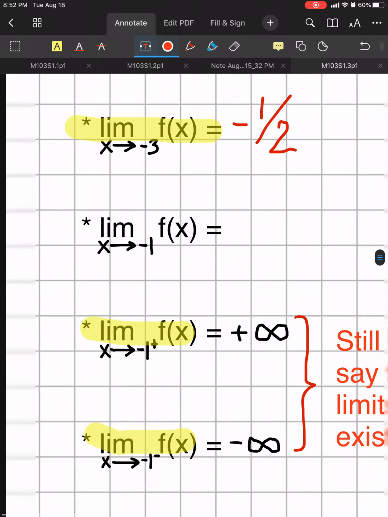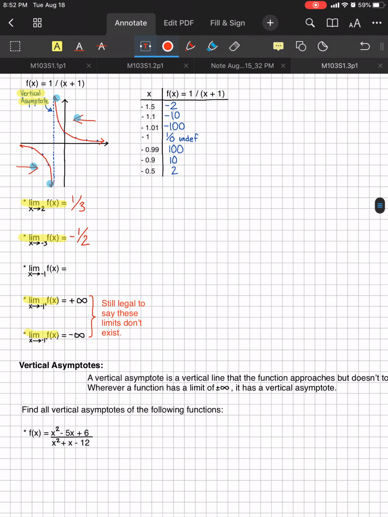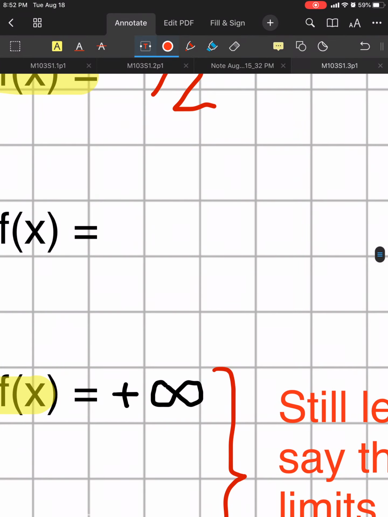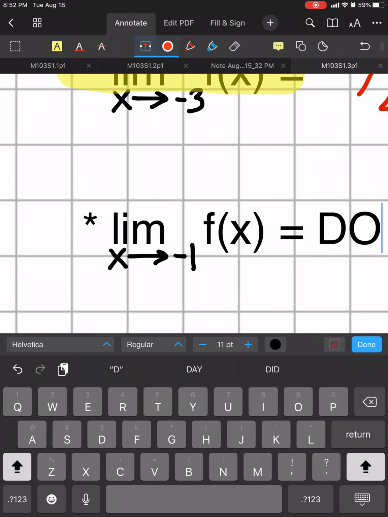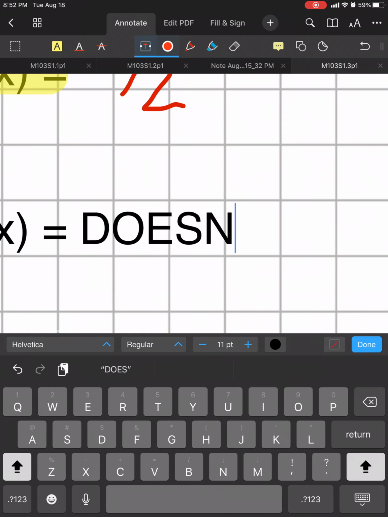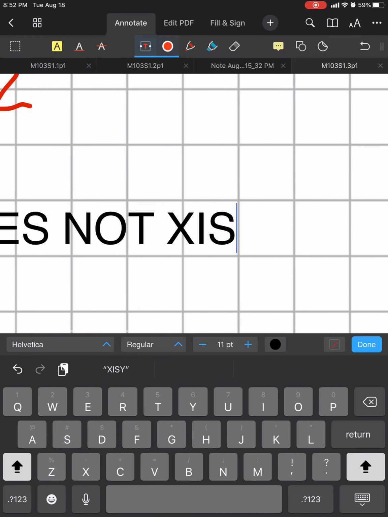Now this other limit, you'll see we still have two different values as we approach from two different sides. So really the only thing we can do here is say that this doesn't exist. That's not how you spell exist, is it?